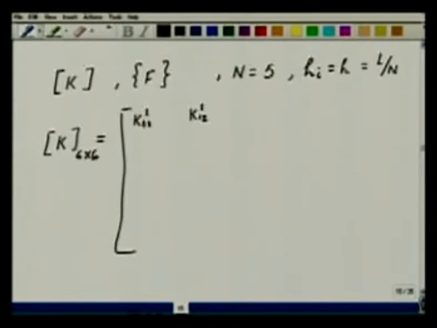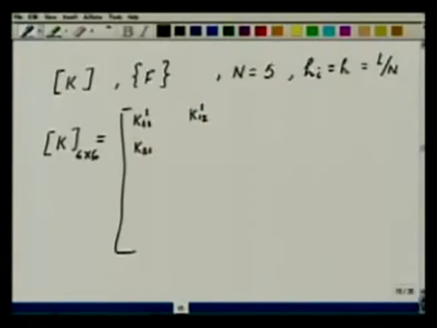This is all that the element 1 contributes to the first row, that is the first equation. Similarly, in the second equation it will have K21 of element 1, K22 of element 1. So the element 1 entries go to the first row, first column and second column, second row, first column and second column.